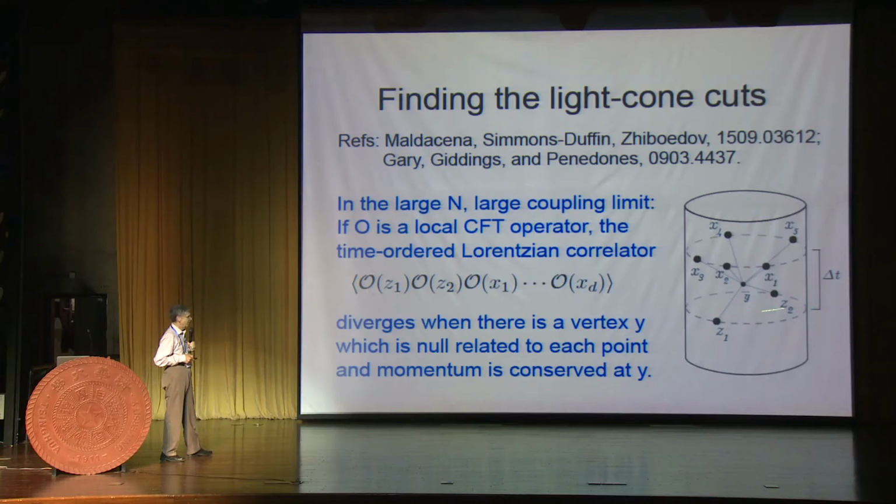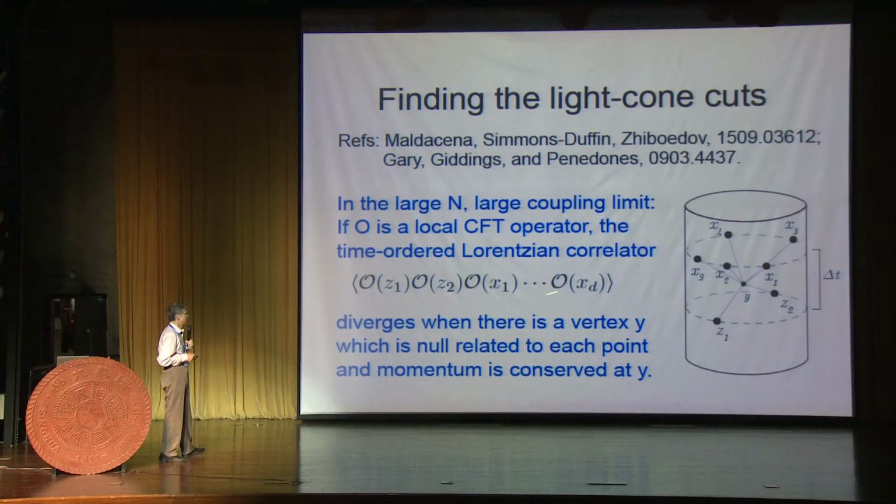And if you send in high energy quanta from these two z's in the past, it can scatter, conserving energy momentum at y, into high energy quanta going out to these future points. When you have that, the local bulk theory predicts that there would be a singularity in the bulk correlator, and you take the limit and you get a singularity in the boundary correlator.